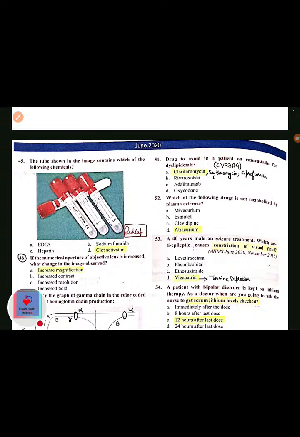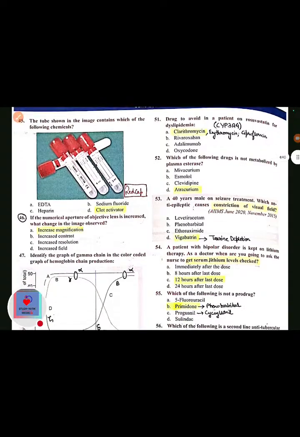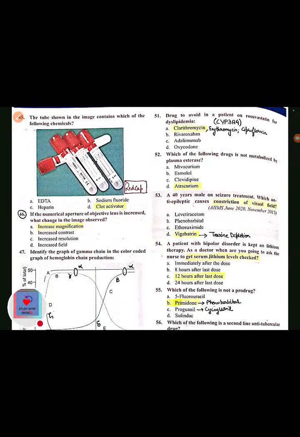The tube shown in the given image contains which of the following chemicals? So it is clot activator. Red cap means clot activator.